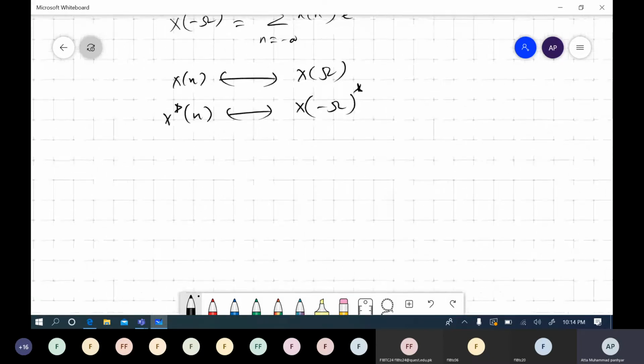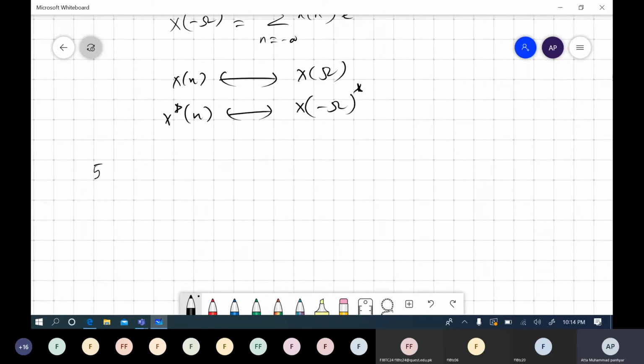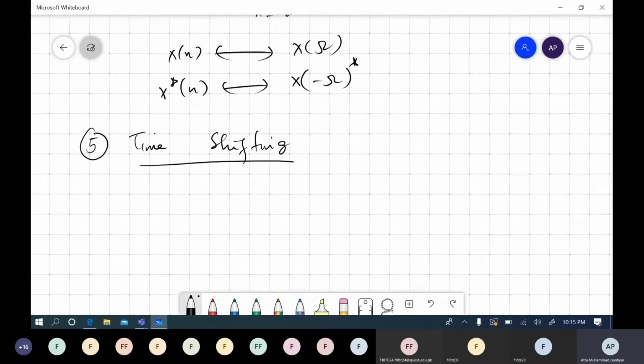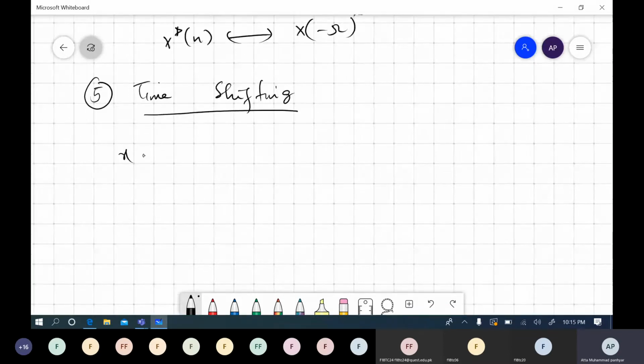The fourth property in the list is time shifting. For example, if we have a signal, by definition x of n is equal to 1 over 2 pi x of omega e to the power positive j n omega d omega over interval 2 pi, right?